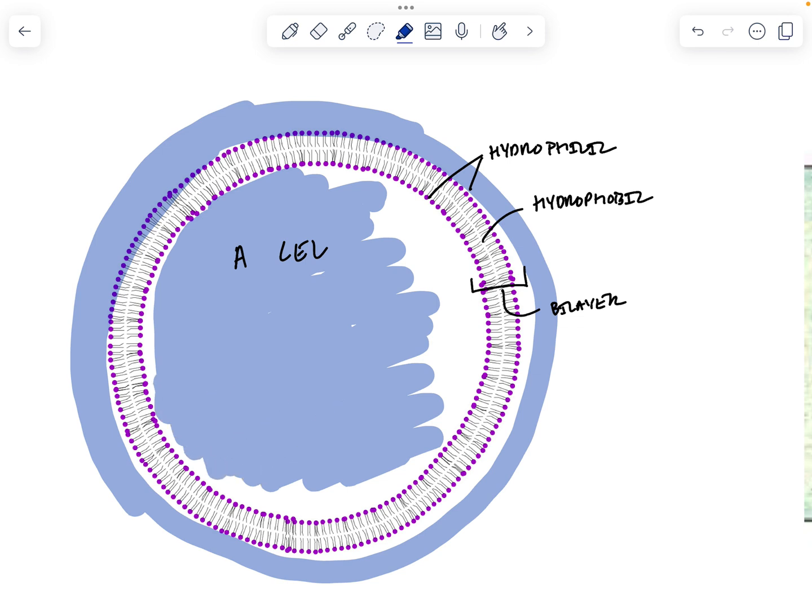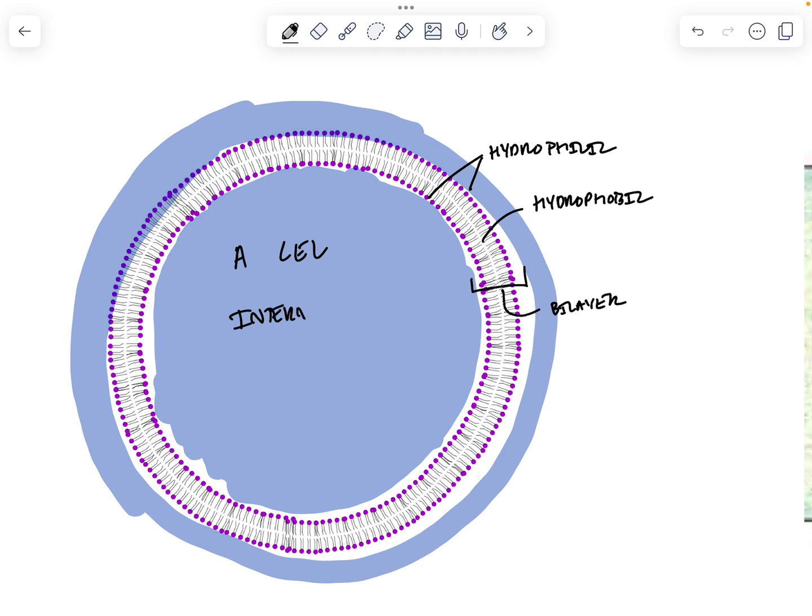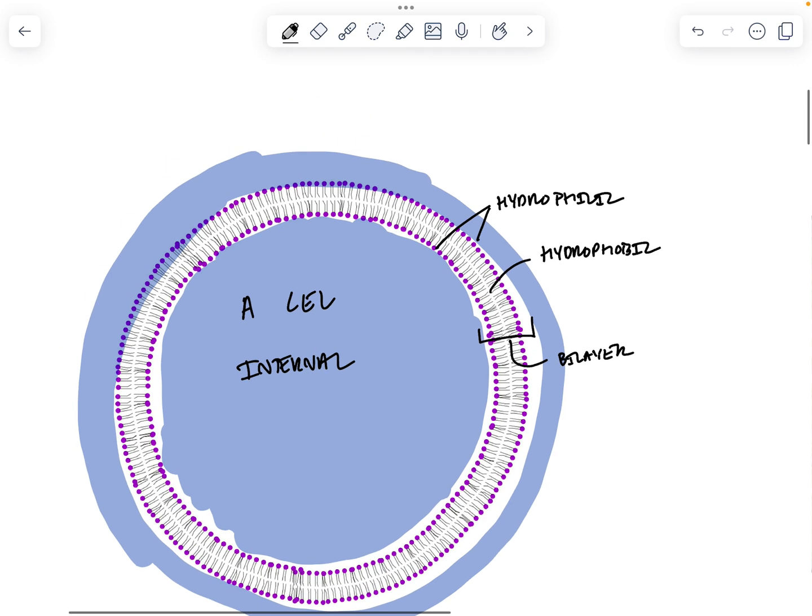And because there's essentially a layer of fat trapping this water layer in here, we can create an internal environment that's different from the exterior, because the hydrophobic layer prevents things from passing through.